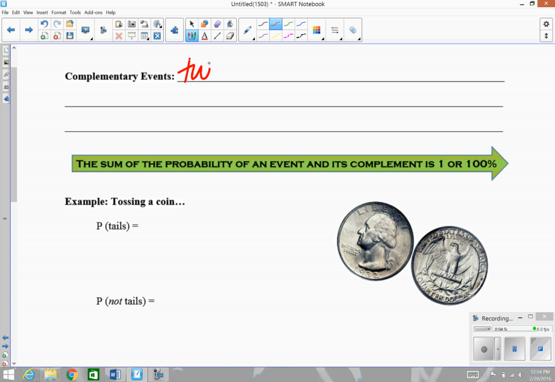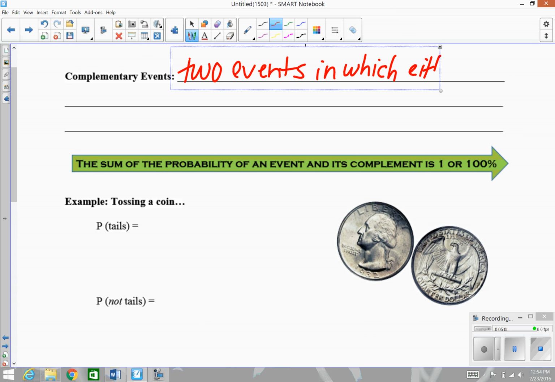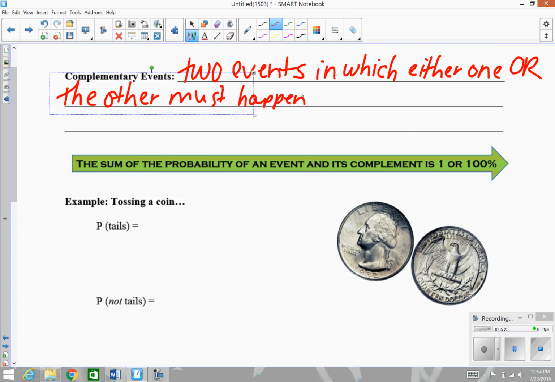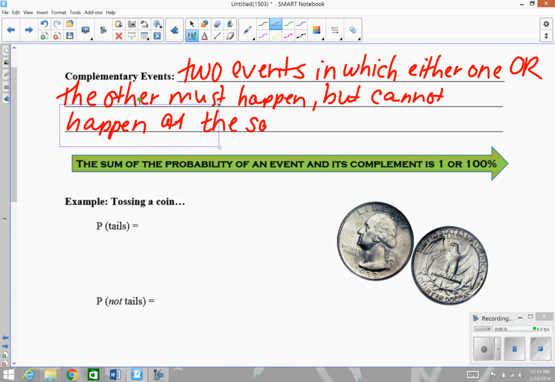This is when 2 events in which either one or the other must happen but cannot happen at the same time.